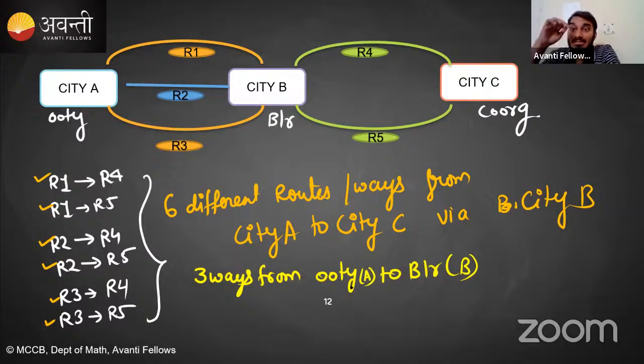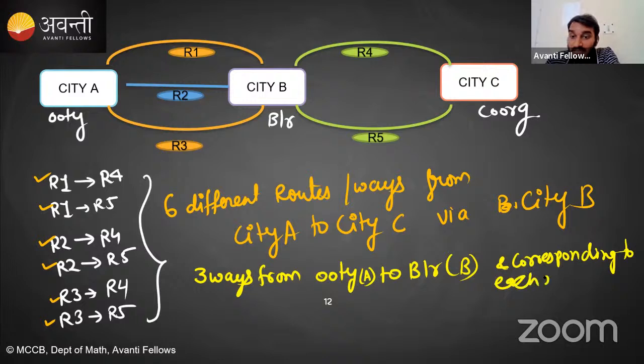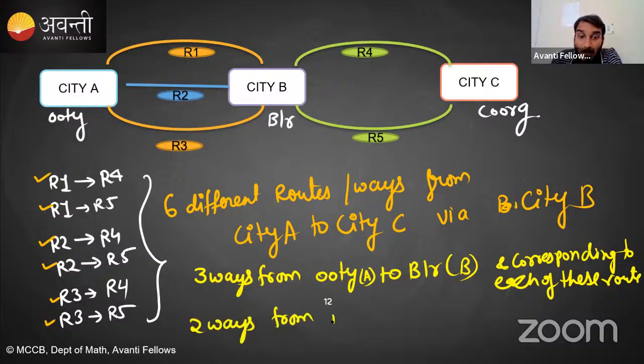And see, corresponding to each of these routes, how many routes are there from Bangalore to Kurg? Corresponding to each of these routes, there are 2 ways from Bangalore to Kurg.